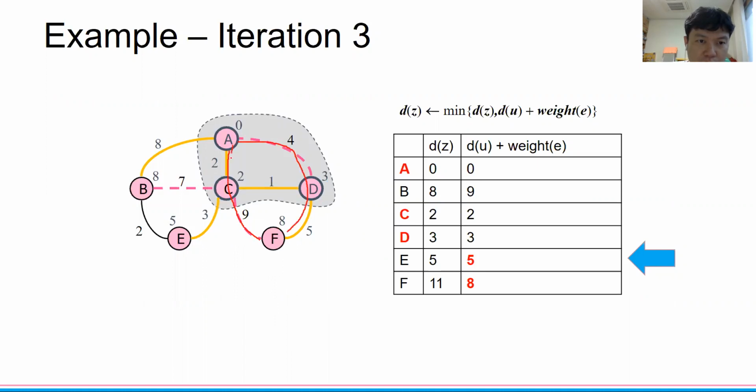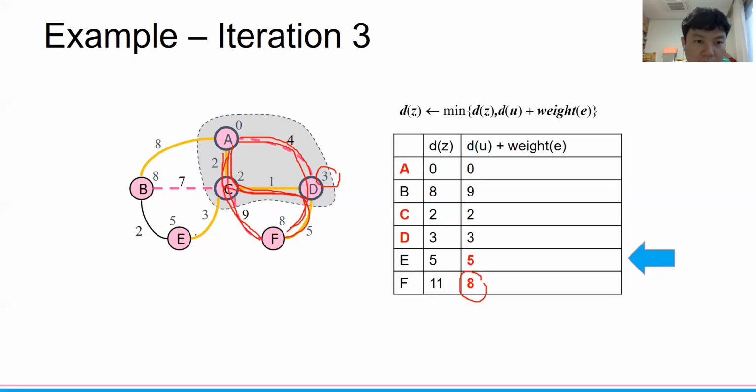We already said that the edge here is not the minimum, and this is the minimum, 2 plus 1, because it is 3. So we want to compare 2 plus 9, which is 11, with 2 plus 1 plus 5. 2 plus 1 plus 5 means 8, so we put the value 8 here.